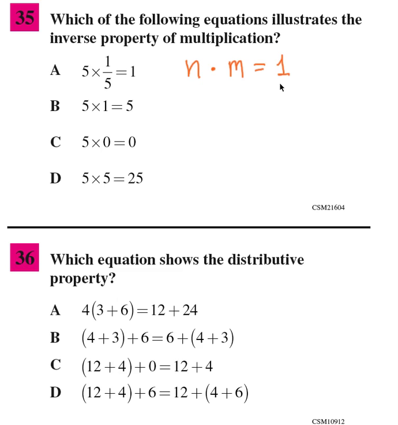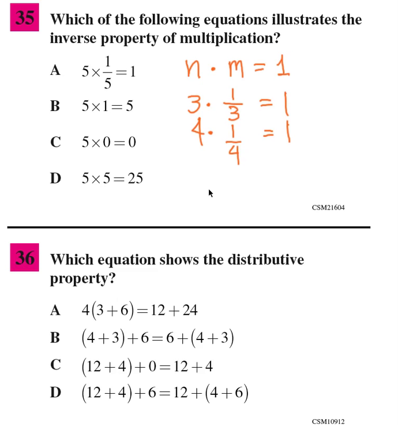For this to be true, we would have to have something like 3 times some number equals 1, 4 times some number equals 1. That number in this case would be 1/3, and in this case it would be 1/4. The relationship between these two numbers is that this number is the reciprocal of this.